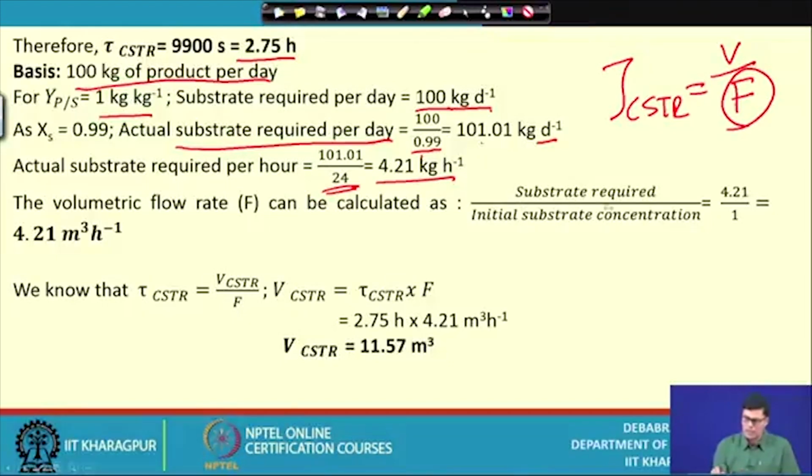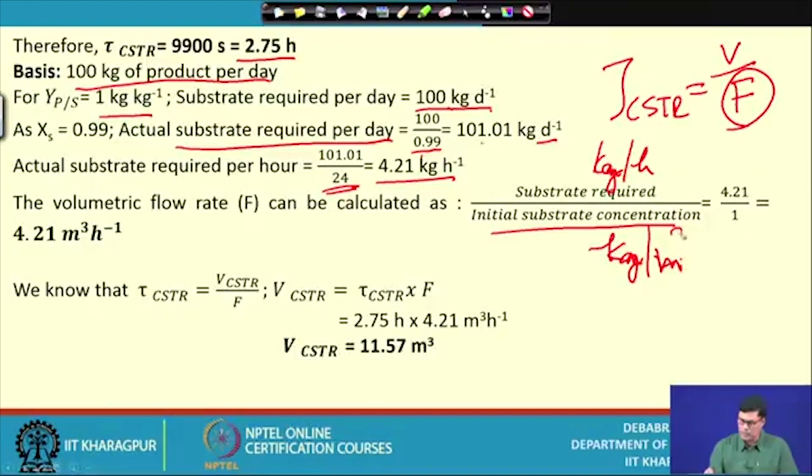Now, we divide this by the initial substrate concentration. The unit of the substrate requirement is kg per hour, and the initial concentration is in kg per cubic meter, am I right?